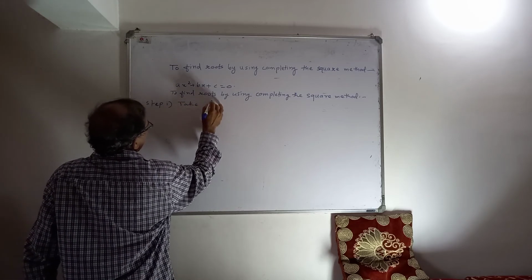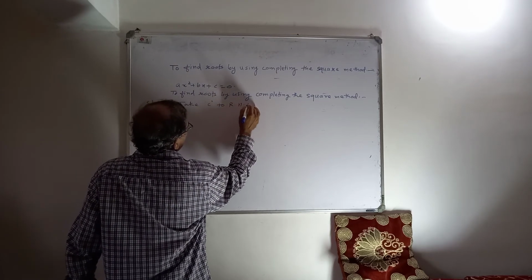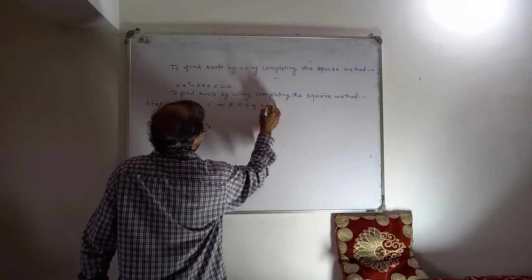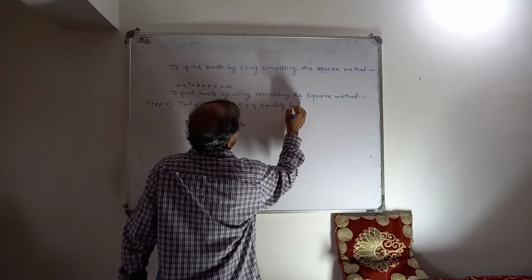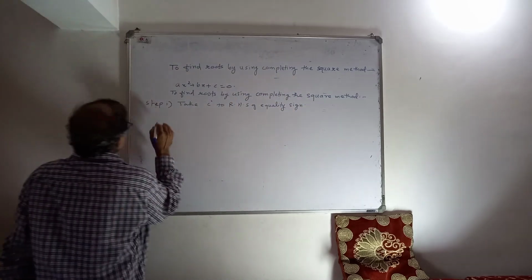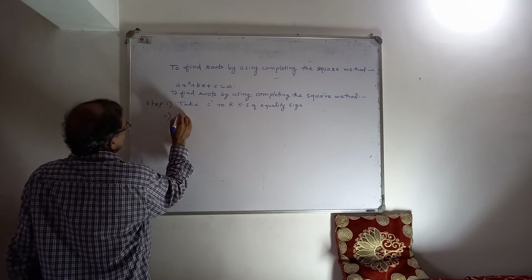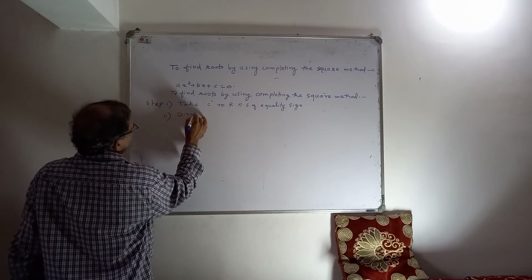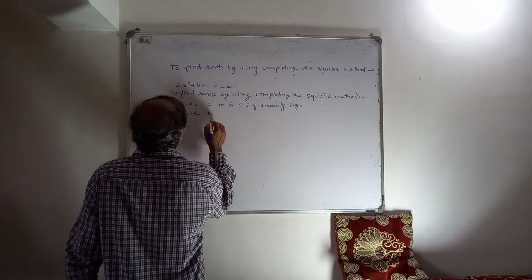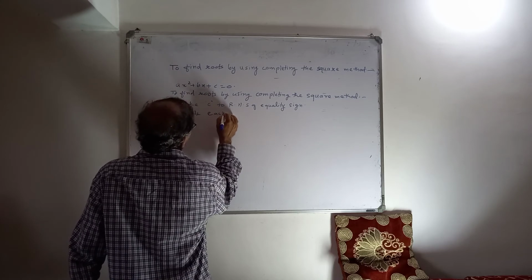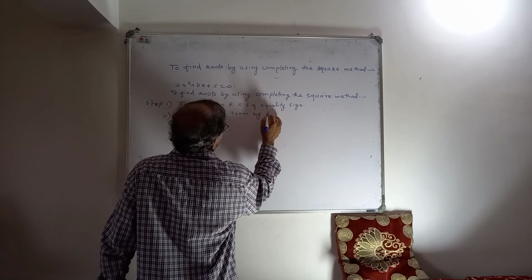Take c to right hand side of equality sign. Step 2. Divide each term by a.